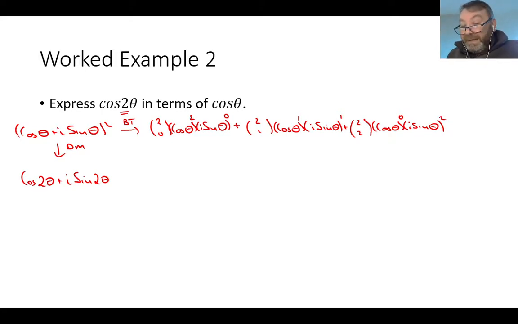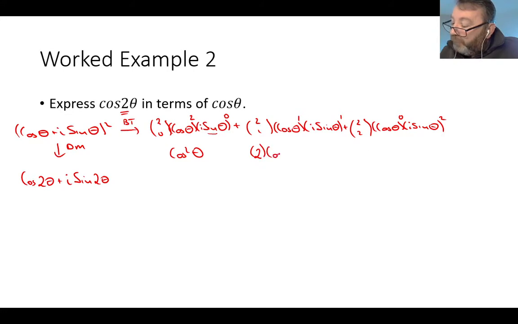Okay, so now let's take each term separately and work out the answer. Anything to the power of 0 is 1. So that's 1 times 1 times cos theta squared, which is cos squared theta. Okay, 2c1 is 2.